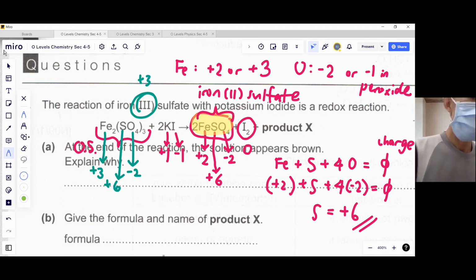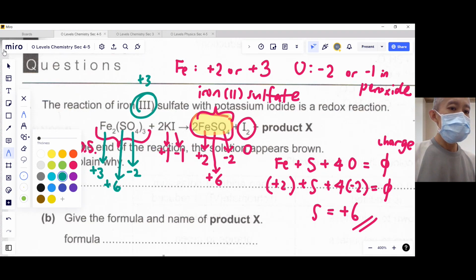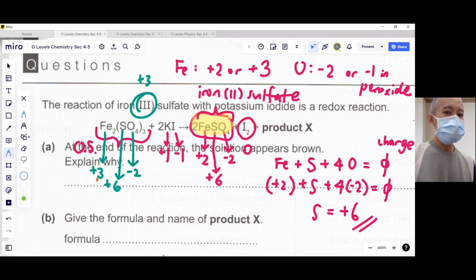It's still sulfate, SO4. As long as it's a sulfate, sulfur will still be +6. Oxygen is still -2. So guys, what has changed? Iron has changed from +3 to +2. So OS decreases.